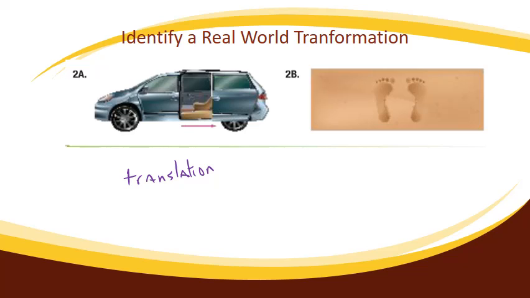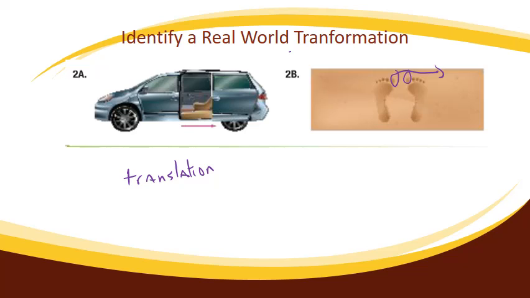Okay, and what about the footprints in the sand? Is that a rotation? Is it a translation? Well, if it was just a translation, our big toes wouldn't be here and wouldn't be here. It'd be that the big toe would have shifted over here somewhere. So I can rule out a translation.